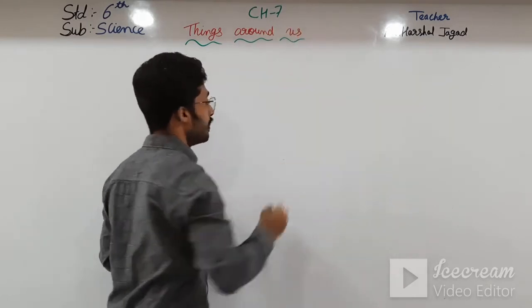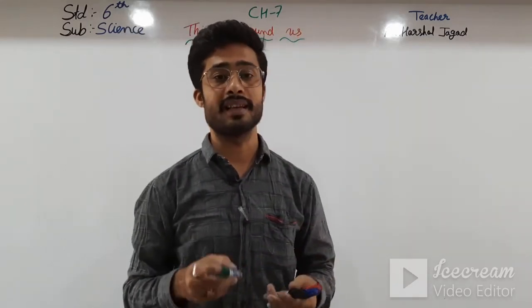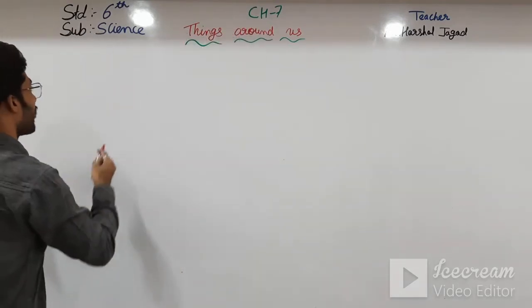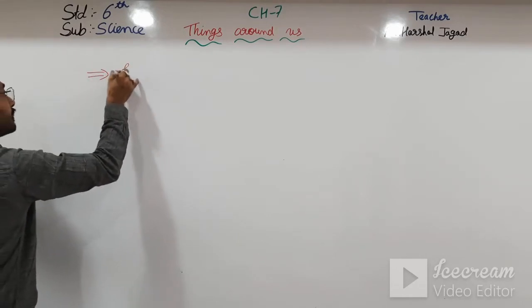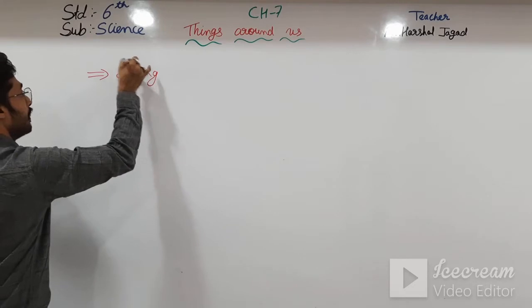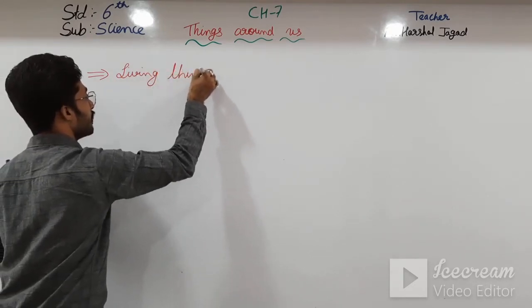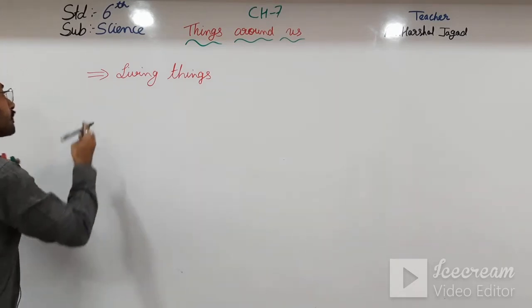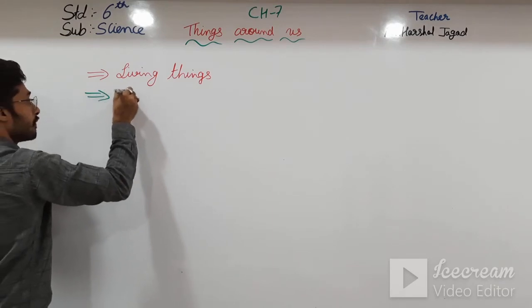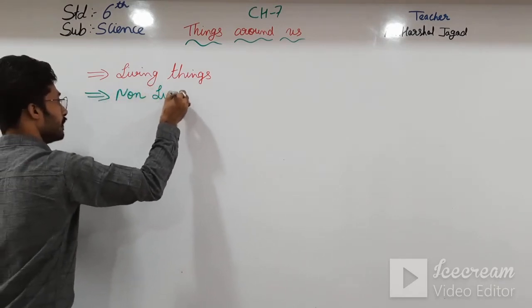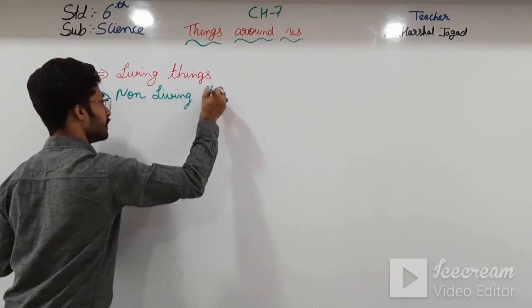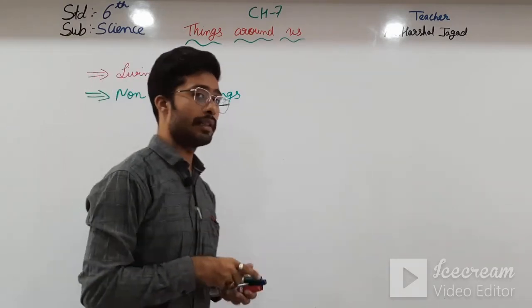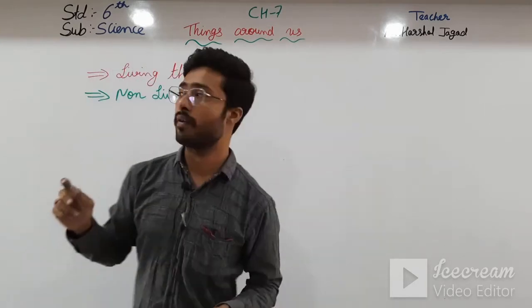Things around us means things are of two types: living things and non-living things. But first of all, we will talk about living things.